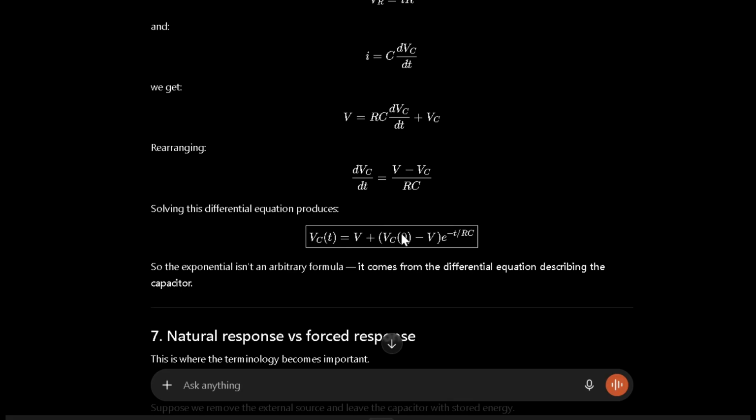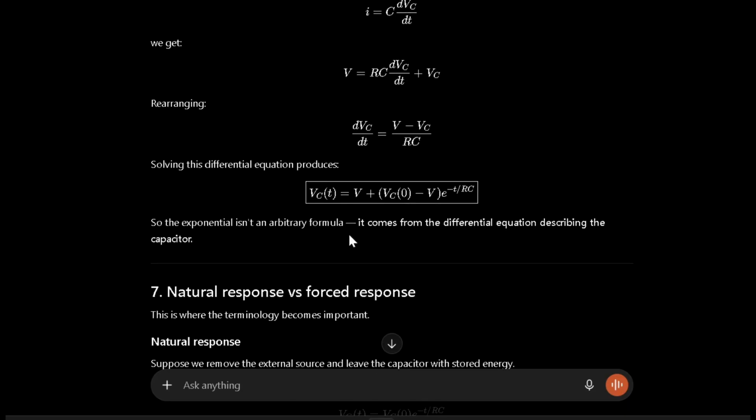This is the charging equation for the capacitor.